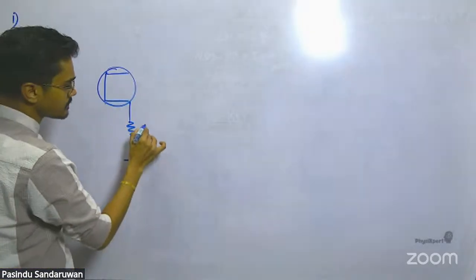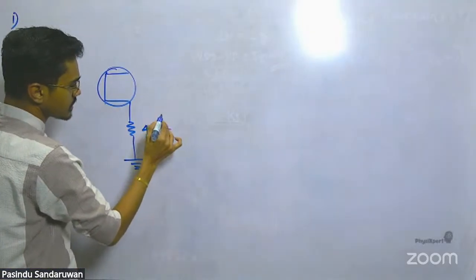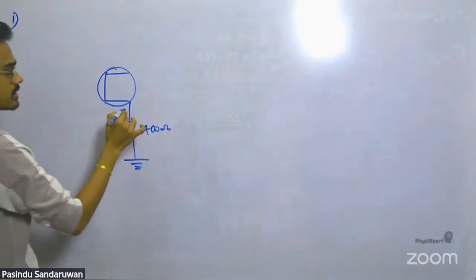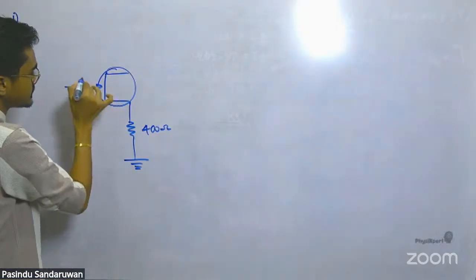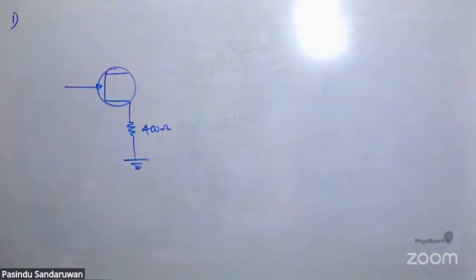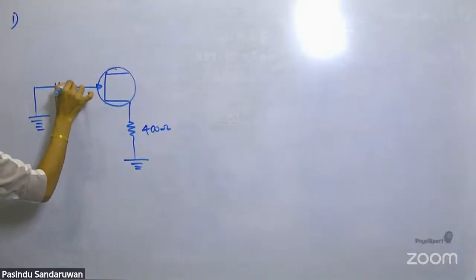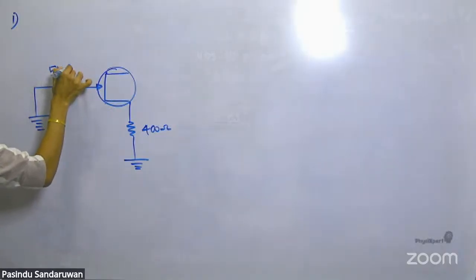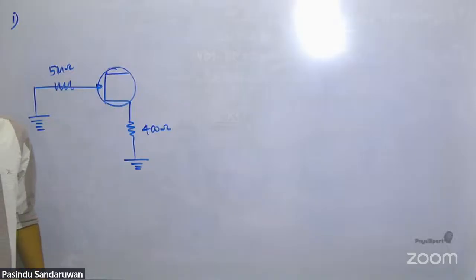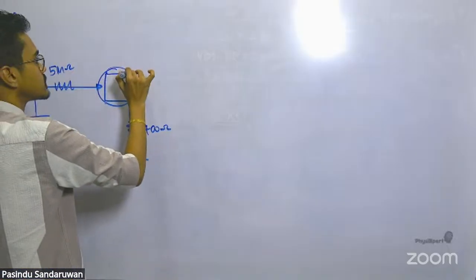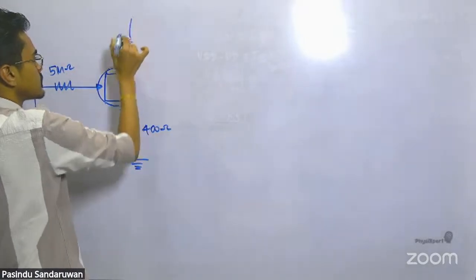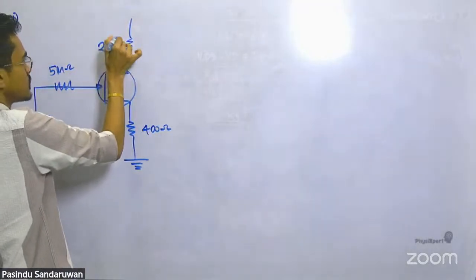400 ohms, this is RS. Then 5 mega ohms is connected and it is grounded somewhere here. Then RD, 2 kilo ohms.